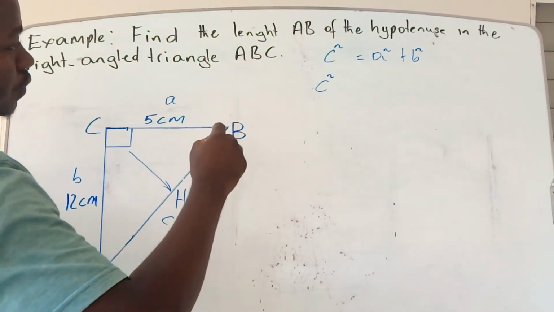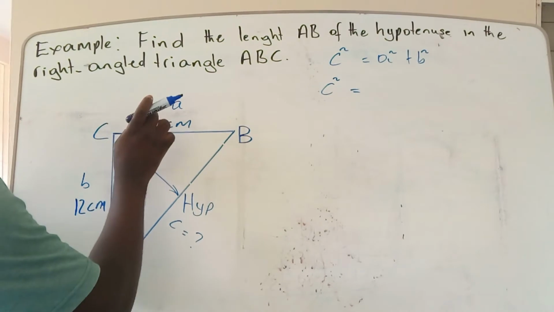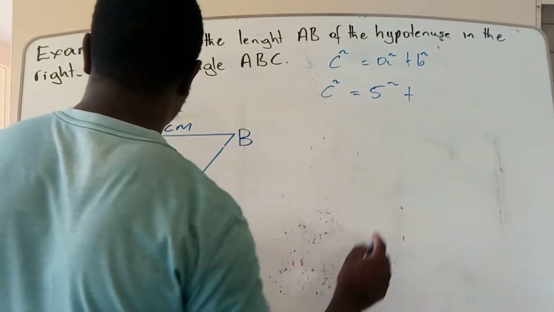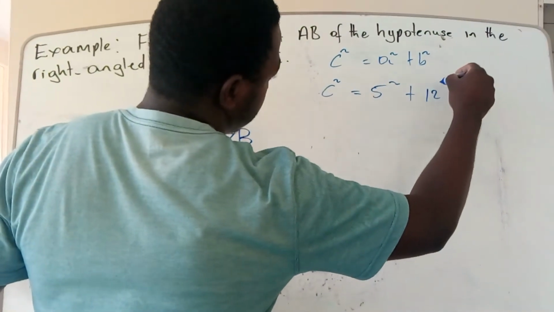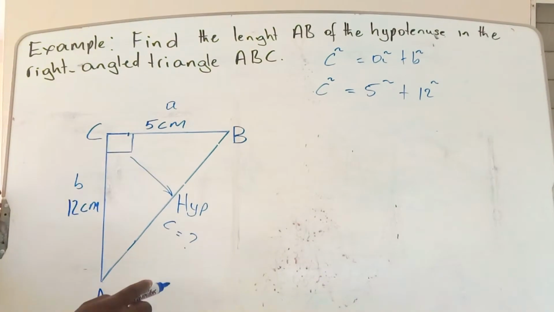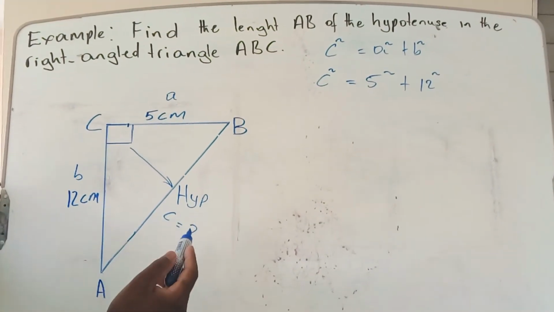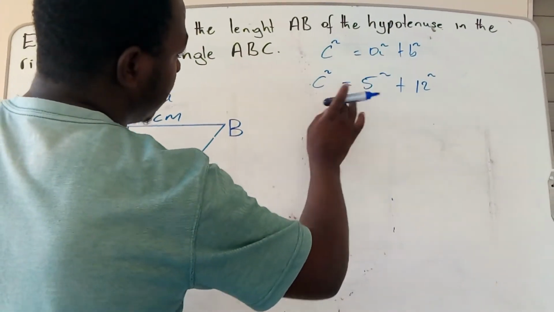So C squared is equal to A squared, which is 5, so this would be 5 squared, plus 12 squared, which is B. Now, note that whenever you square a number, the index tells you how many times to multiply the base.